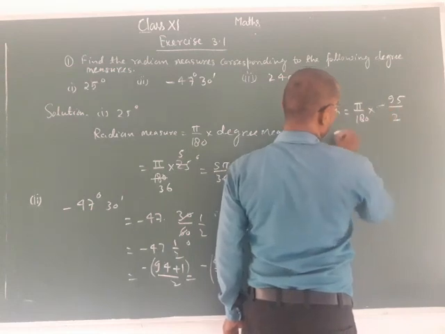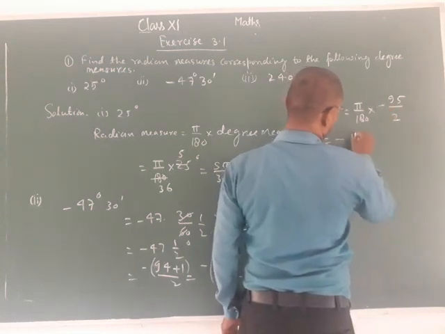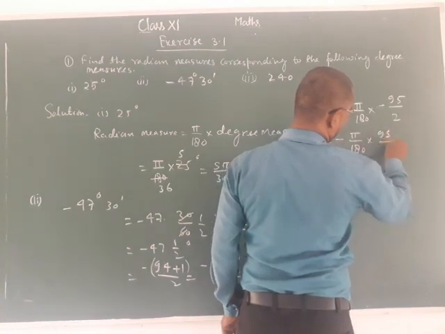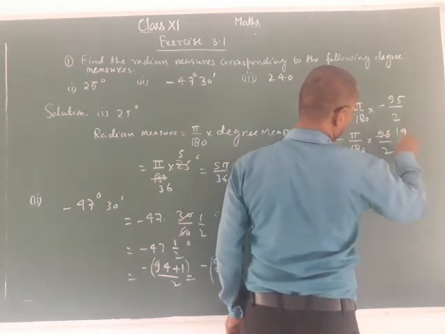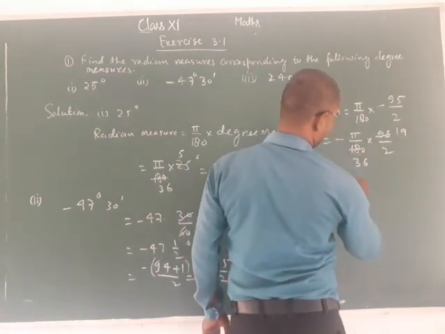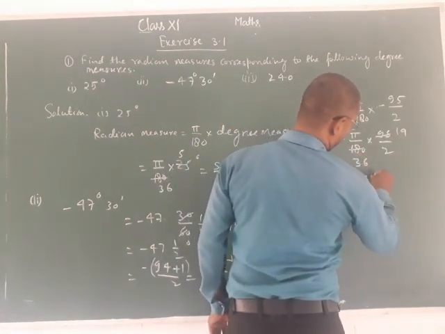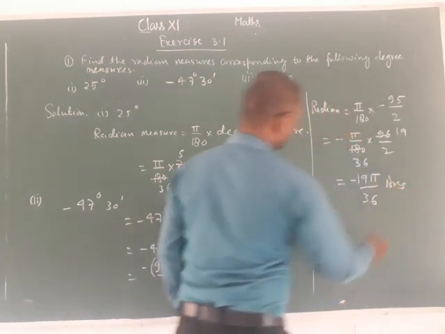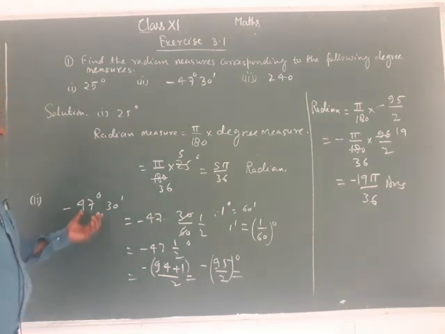We get minus pi upon 180 multiplied by 95 upon 2. So minus 19 pi upon 36. This is the answer of the given question.